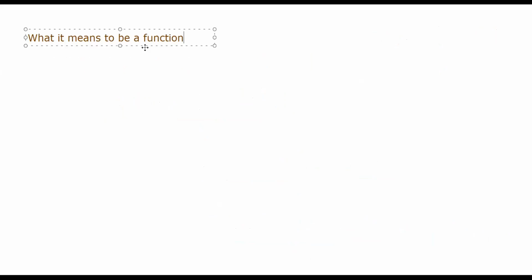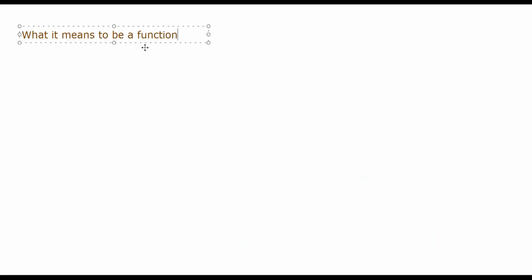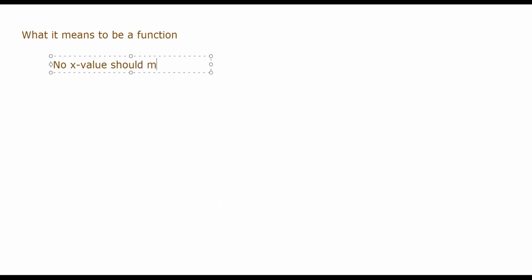This was all the way back at the very beginning of chapter 2, so this is kind of the most distant stuff we've dealt with. Anywho, what it means to be a function. In words, what this means is that no x value should map to multiple y values.